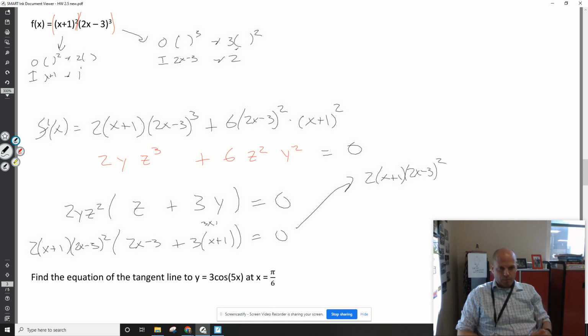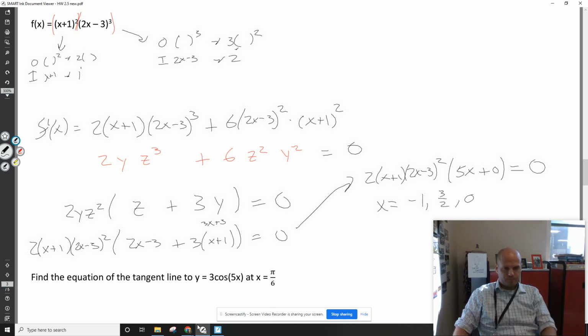This is 3x plus 3, meaning I have 5x. Oh, and that's it, because minus 3 plus 3 is 0. Meaning this is equal to 0 at negative 1, 3 halves, and 0.